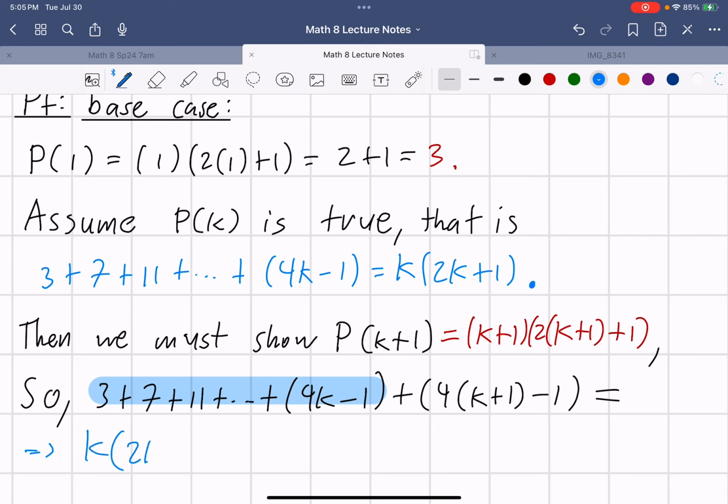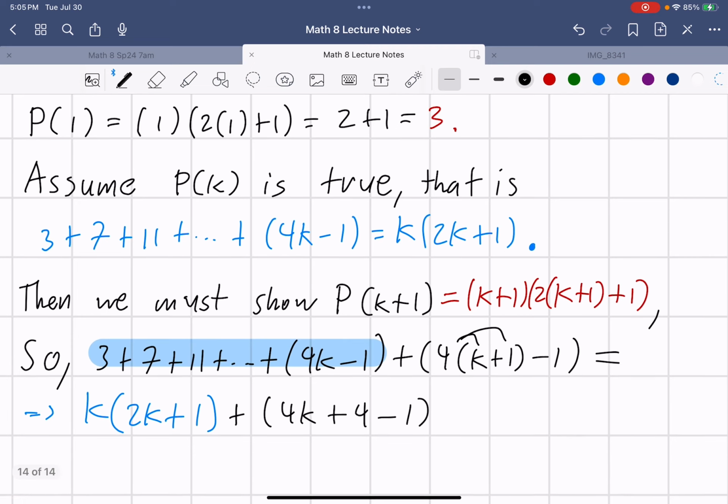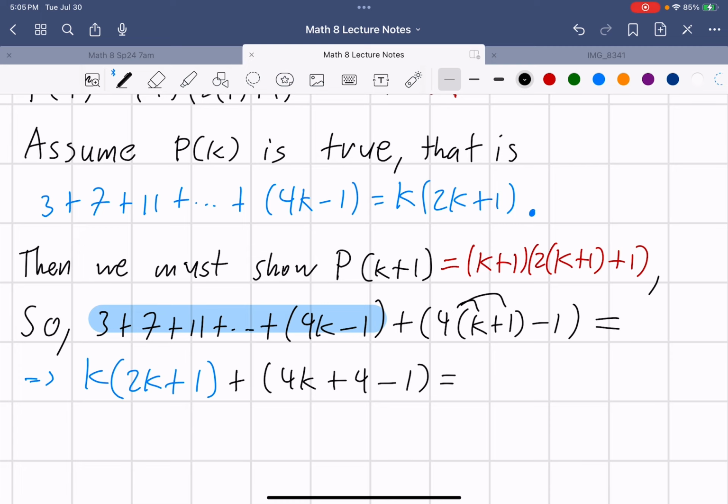K times 2K plus 1 plus, and now I just have to work this part out, which I can distribute, and that would give me 4K plus 4 minus 1, and that will simplify to, if I distribute this portion, 2K squared plus K, and then I have plus 4K plus 3, right? Because 4 minus 1 is 3.